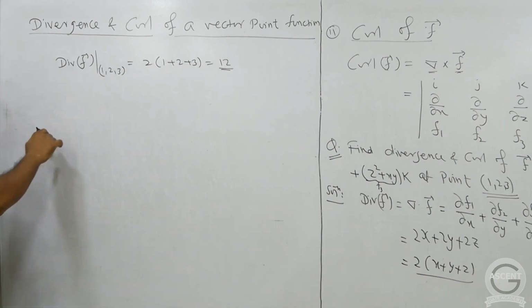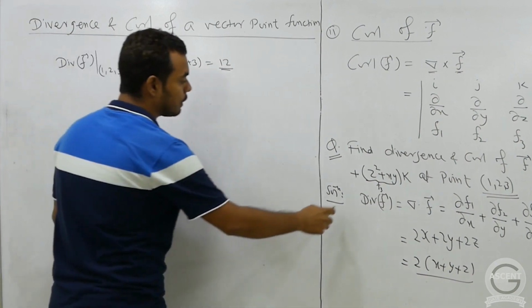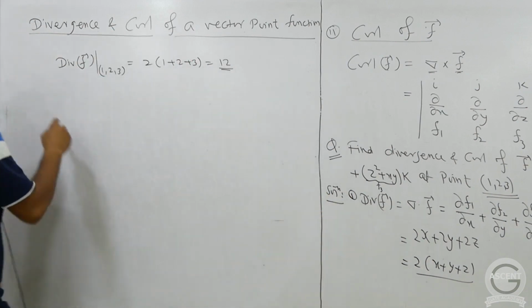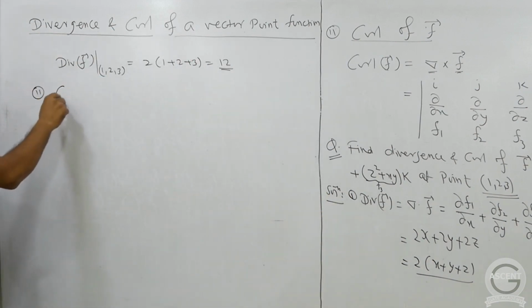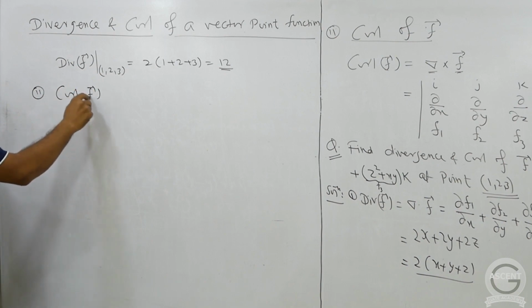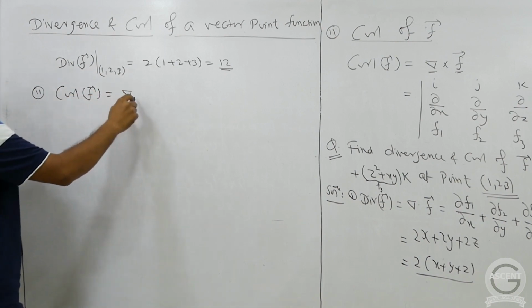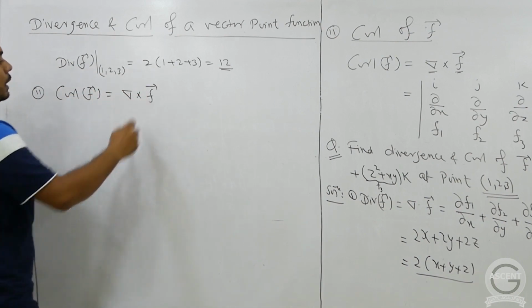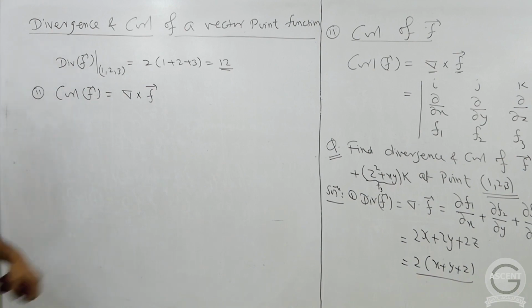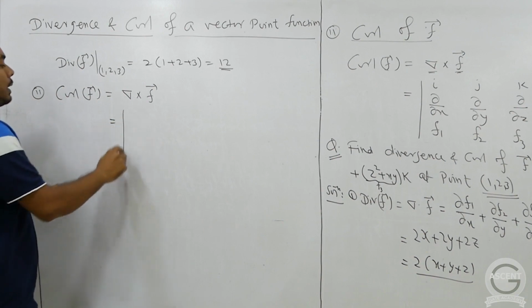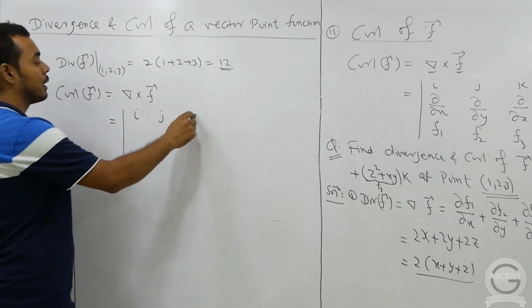Now the next part of the problem: the first one was to calculate the divergence. The second part is to find the curl of this function. The formula for curl is del cross f. Divergence was del dot f, curl was del cross f. So this will be i, j, k.